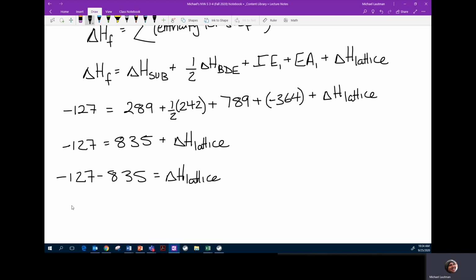This becomes minus 962 kilojoules per mole, and that's the lattice energy. So that's how you solve Born-Haber problems.